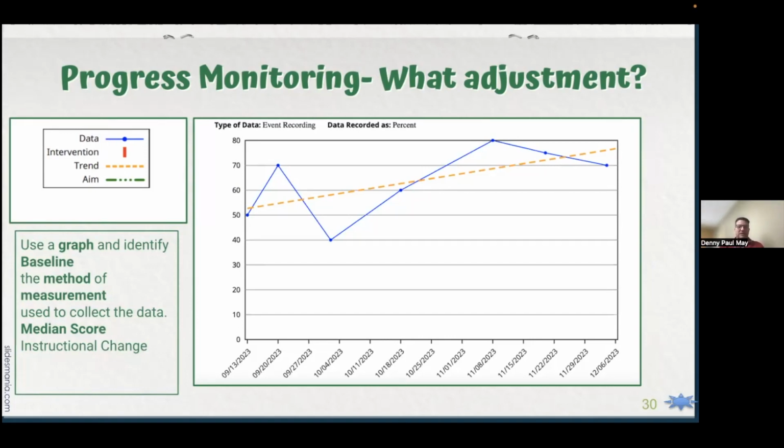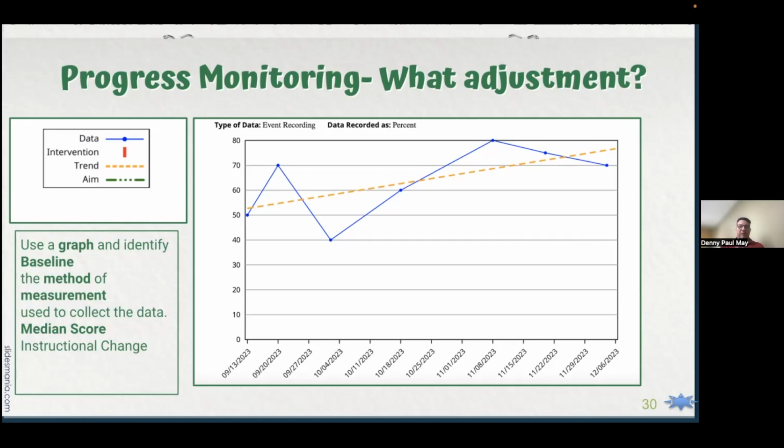So we would have to go back and say to that particular practitioner, where's your aim line, right? Where's the aim line? Because if you're looking at Infinite Campus, you first have to make sure that you get your baseline set appropriately. And so I'm thinking that this particular screenshot, the teacher did not set the baseline appropriately.